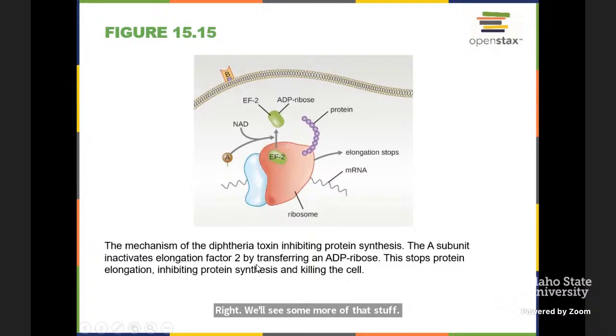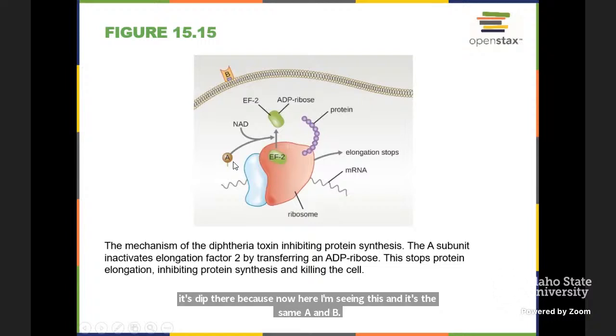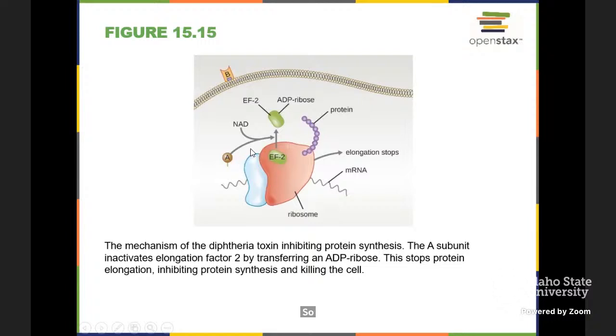So maybe it's diphtheria, because now here I'm seeing this and it's the same A and B. So as this toxin gets in, it ultimately inhibits the cellular machinery, making it so that those cells aren't able to basically do what they should be doing.